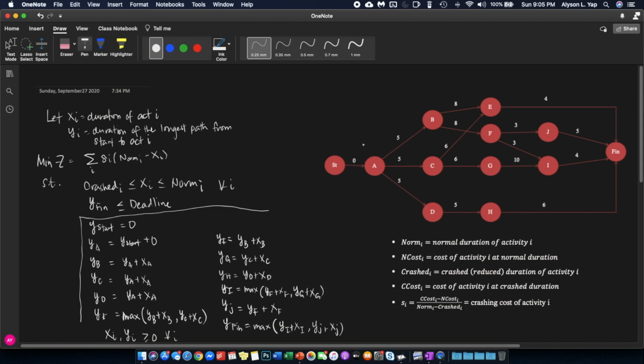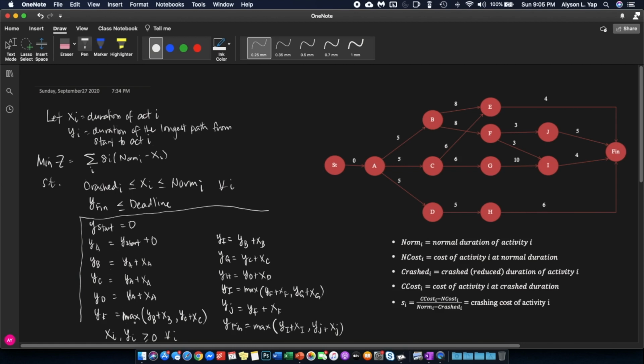A good example for a different way of modeling this is node E. If you look at node E, there are two inbound arcs, one arc coming from B and the other arc coming from C. So technically, y sub E, which is the duration of the longest path from start to activity E, is equal to the biggest.